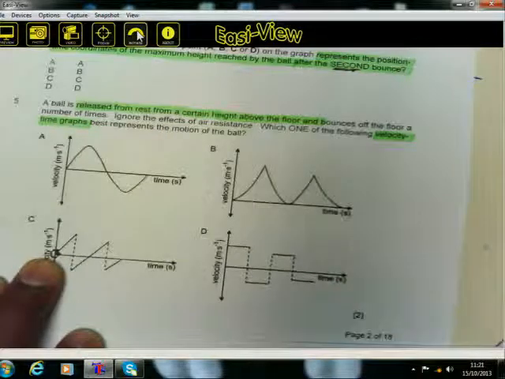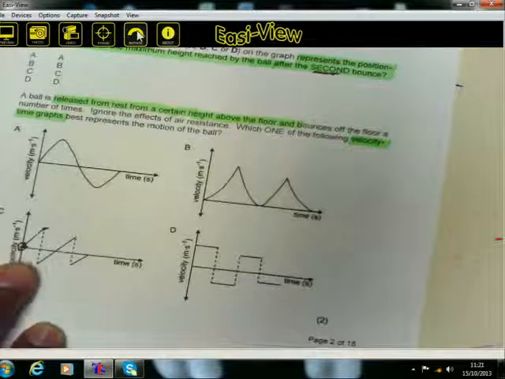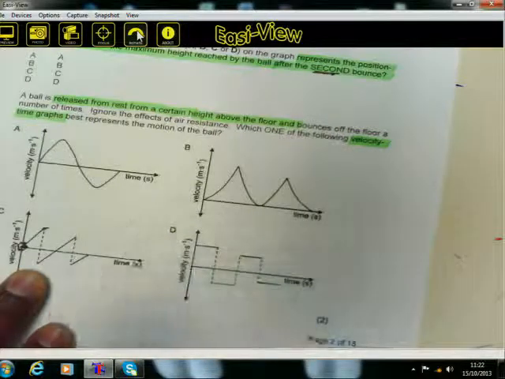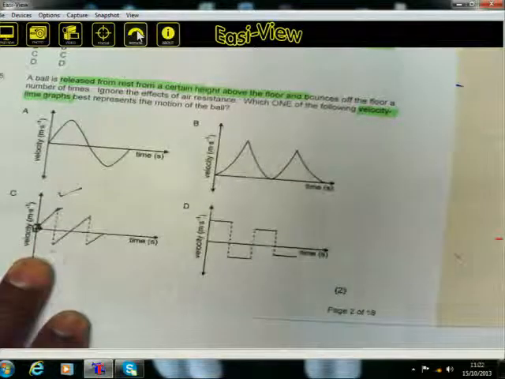Because it is moving, let's say it's dropped and it's moving downwards, its initial velocity is 0, so the velocity increases up until it hits the ground. When it hits the ground, then it changes direction. And you notice that the velocity is a straight line and the acceleration is constant. So the correct answer for that will be C.